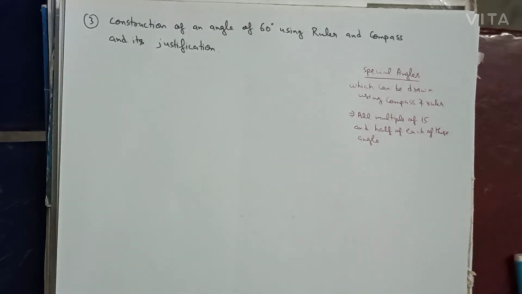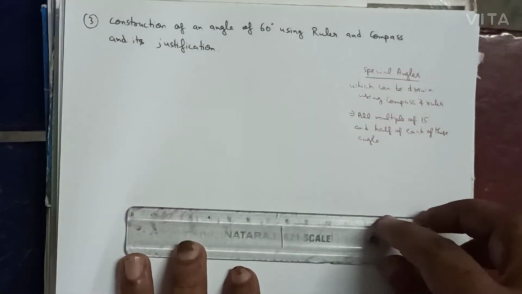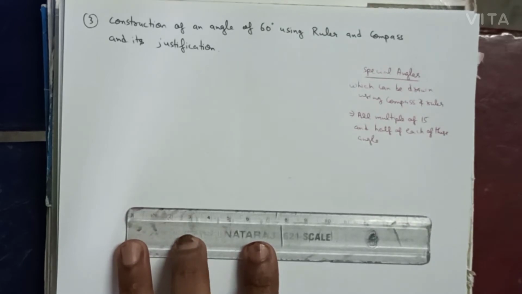Now we are going to discuss the construction of a 60-degree angle. For 60 degrees, we will draw a ray, say OA.